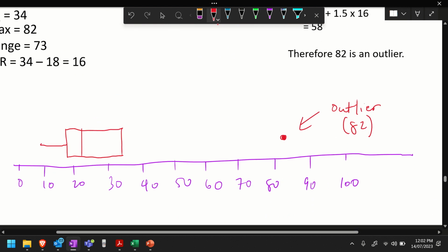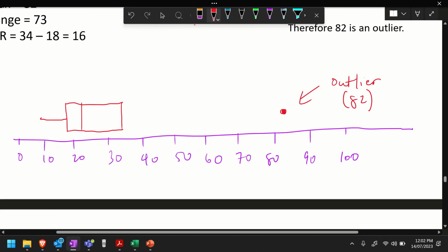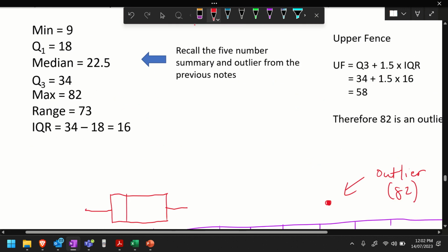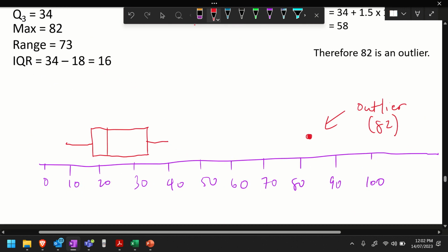So my line will just go up to 40, and that's it. It doesn't join up to the outlier. Notice how this box plot is a bit different to the previous one, because we have an outlier this time. With the outlier, you have to make a note that you don't join it back to the box plot, because it doesn't necessarily belong with the rest of the box plot.